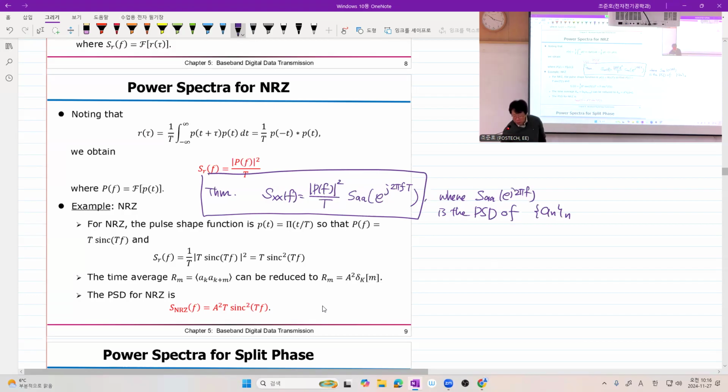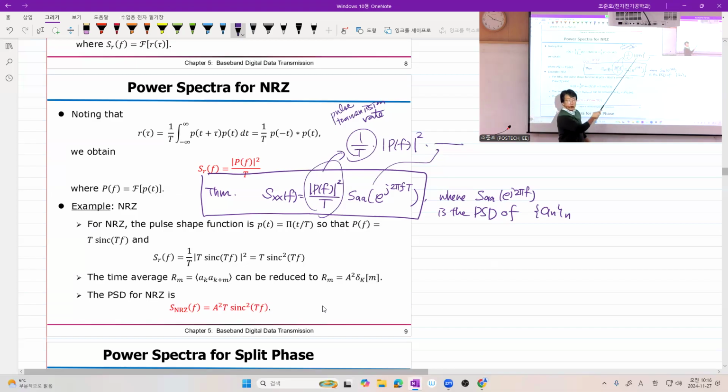Whenever you see something like this, you decompose into factors. So the first one is the pulse transmission rate, which is in per second or hertz. And what is this one? We've found our pulse shape used in different line codes, right?